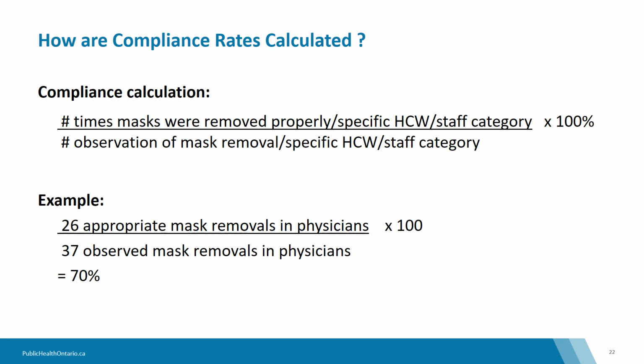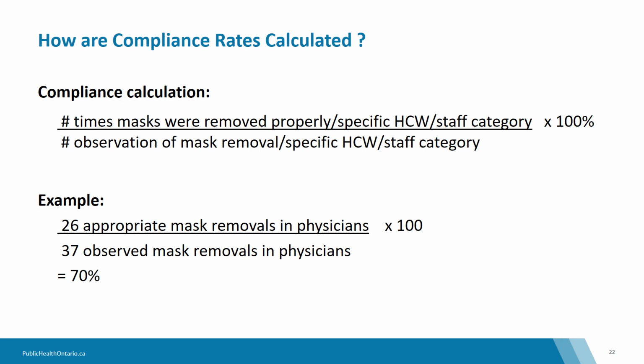Here's an example showing how to calculate compliance rates. Compliance rates refer to the percentage of observations where the correct practice was being observed. This can be calculated for a particular type of healthcare worker or staff member, or a particular category of practice, for example, proper technique for mask removal.